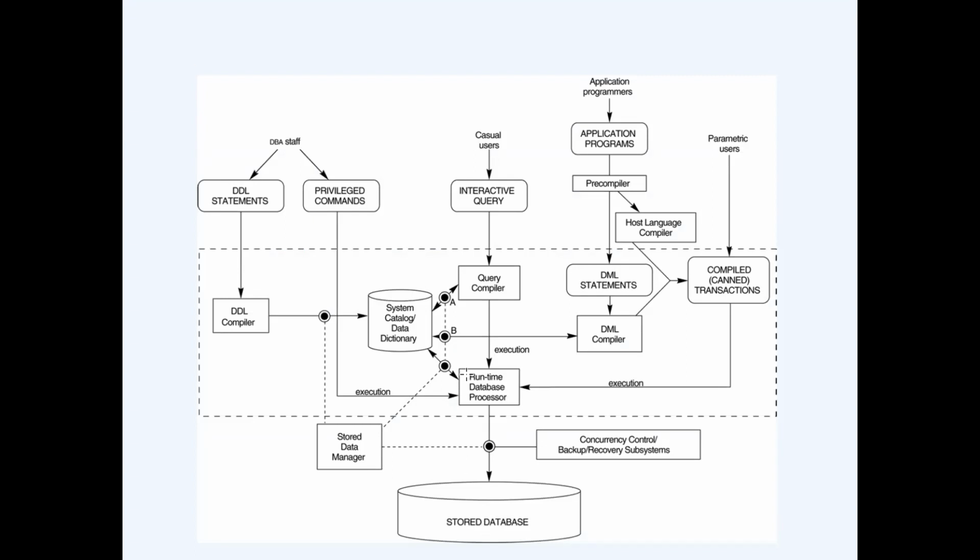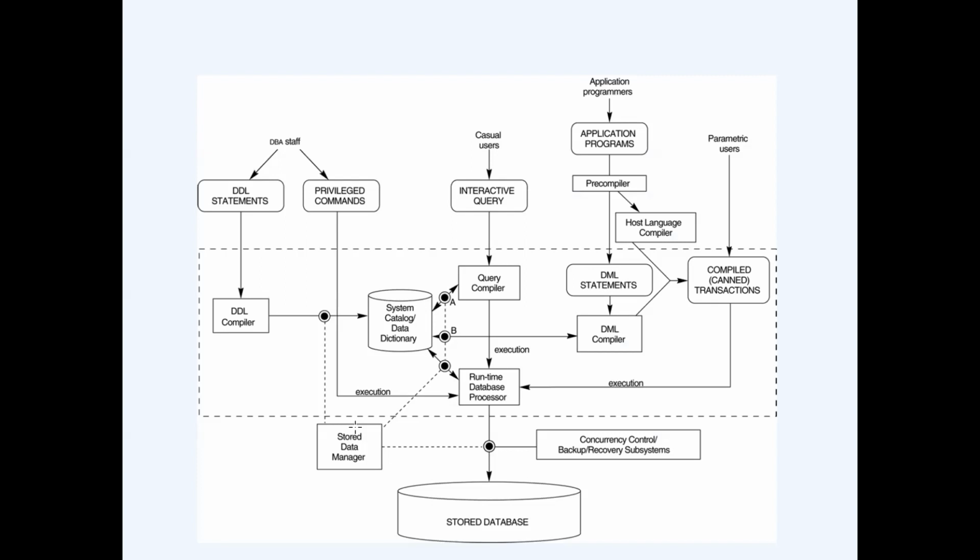So what are the different types of users? You have a database administrator staff, which is a technical person. Or there could be casual users like managers. There could be application programs, which actually use the database. There could be parametric users. Parametric means you already have some interface where people can use your data.